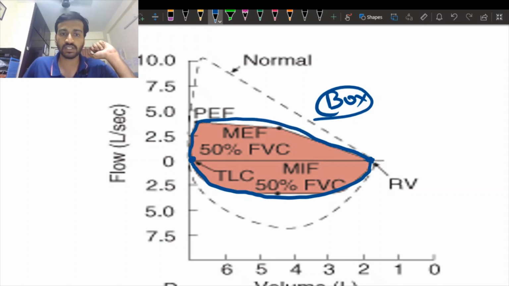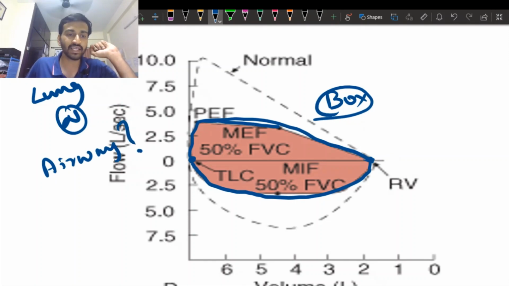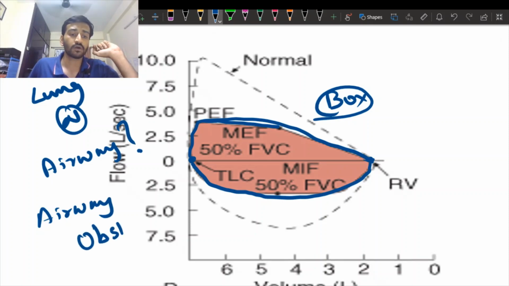In expiration you can see that there is a plateau like thing. So it says that the lung per se is normal, but there is some problem in the airway. This box like graph indicates an airway obstruction for both inspiration and expiration.